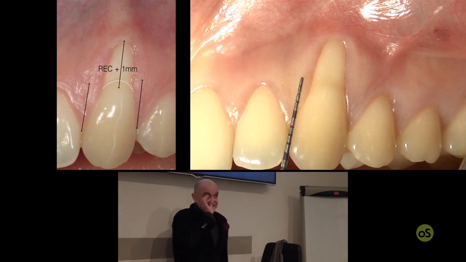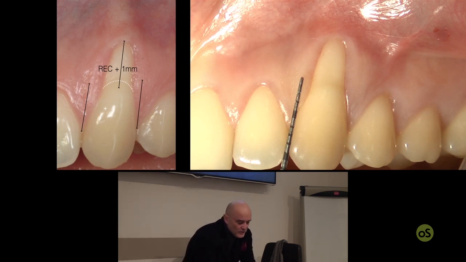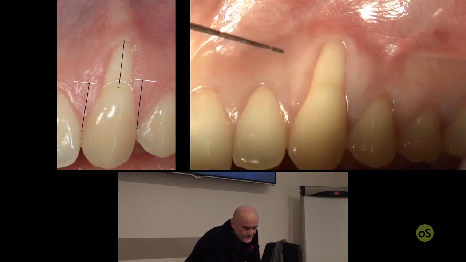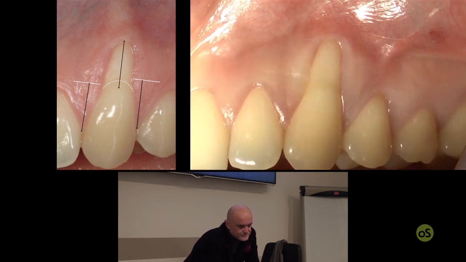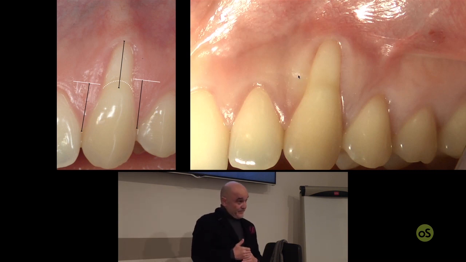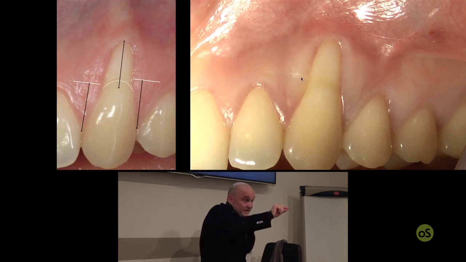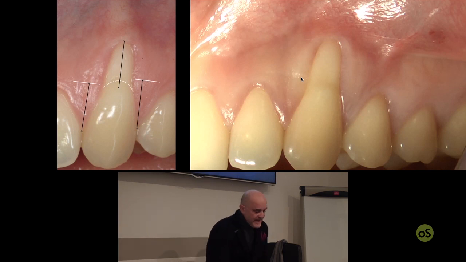So you know exactly where to place your horizontal incision, which should be placed far away from the tip of the papilla, equal to the amount of flap advancement in the middle. And in order to be so precise, I make just a small pressure with the probe on the tissue, leaving the imprint of the probe there, so I know exactly where to make the incision with my blade.